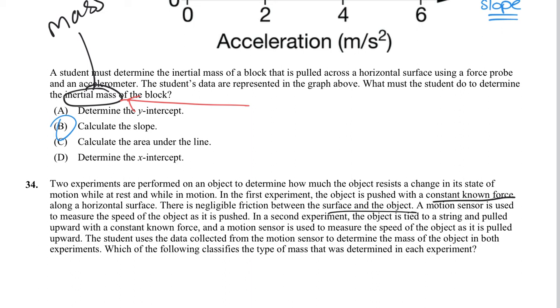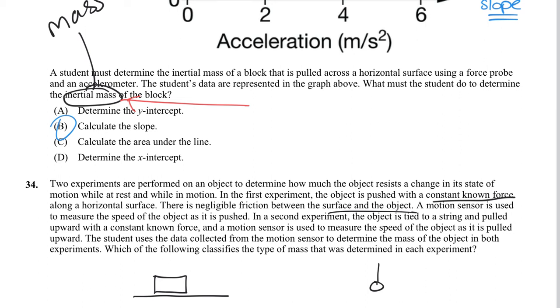The motion sensor is used to measure the speed of the object. In a second experiment, an object is tied to a string and pulled upward with a constant known force. A motion sensor is used to measure the speed of the object as it is pulled upwards. The student uses the data collected. Which of the following classifies the type of mass that was determined in each experiment?